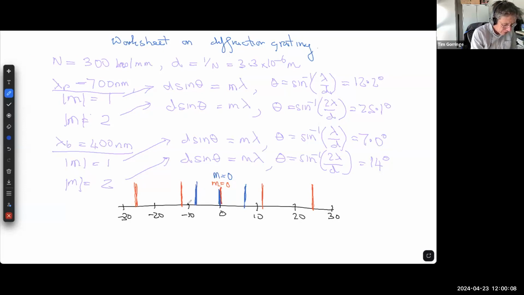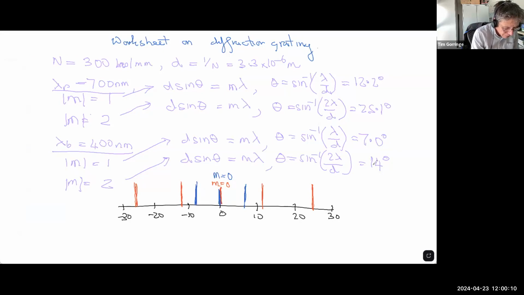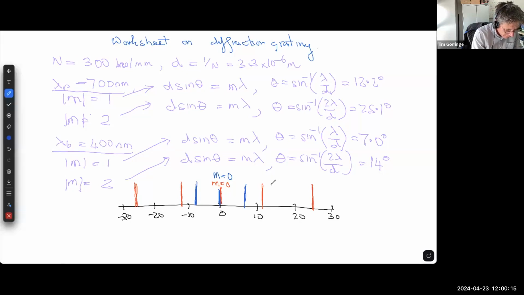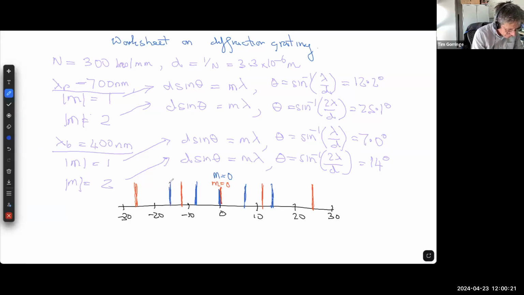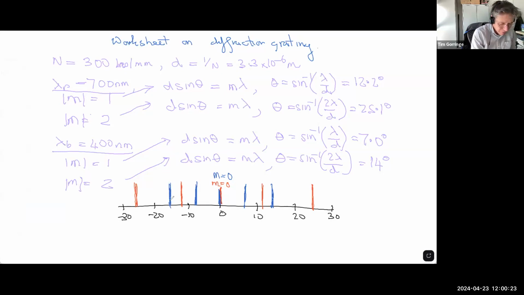This is 7 degrees and minus 7 degrees. And then also at 14 degrees. So 14 degrees is going to be somewhere over here on the right and somewhere over here on the left. And so these are the m equals plus and minus 2 blue lines.